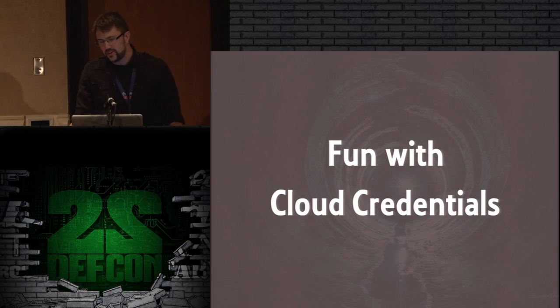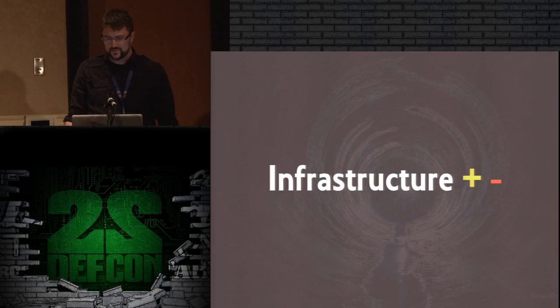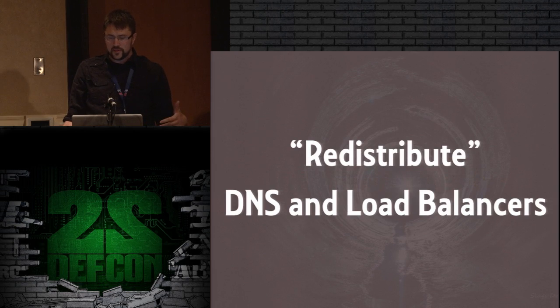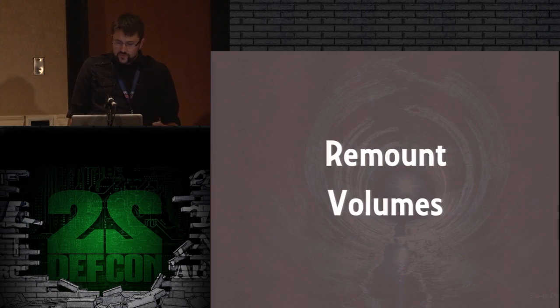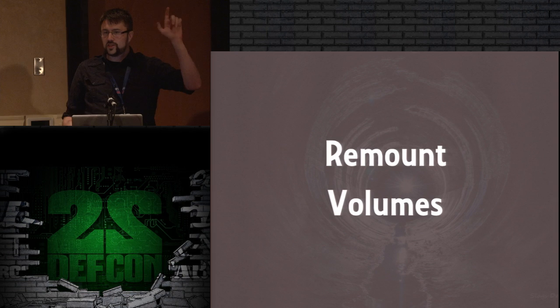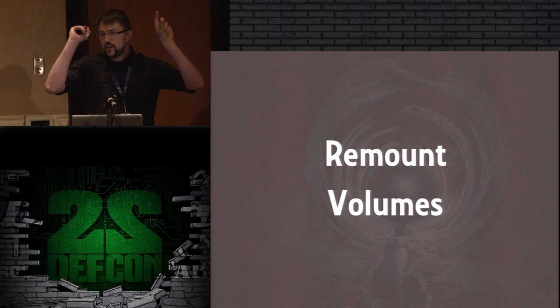All right, so what other fun can we do with cloud credentials? I can spin up new servers. I can take down their servers. I can redistribute DNS and load balancers. Maybe you have another node that you want to put into the mix. I can remount volumes. If you're on Amazon, you've got your cloud server and it has an EBS volume on it.